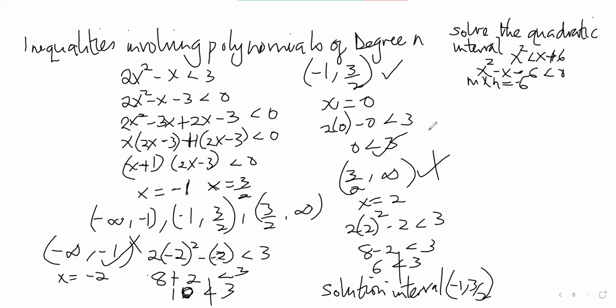So you look for two numbers such that m times n will give you -6, and m plus n should give you -1. So the numbers will be -3 and 2.